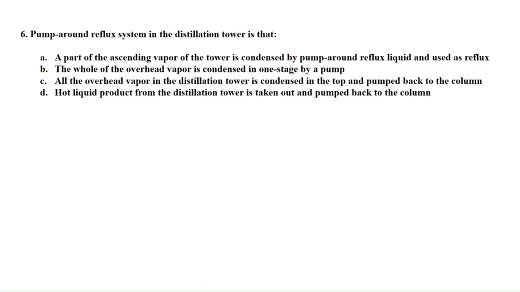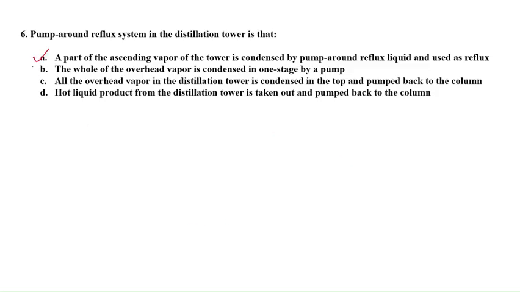Coming on to the pump around reflux system in the distillation tower. Option A, yes, you are correct. The pump around system takes a part of the ascending vapor, that is the vapor coming from the top of the tower, condenses it by a pump around reflux and then introduces it as reflux.